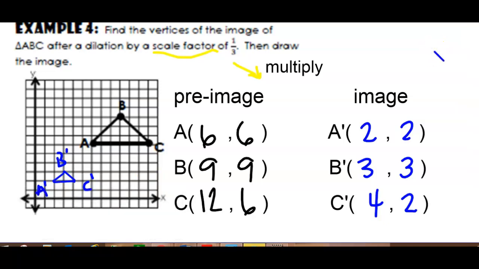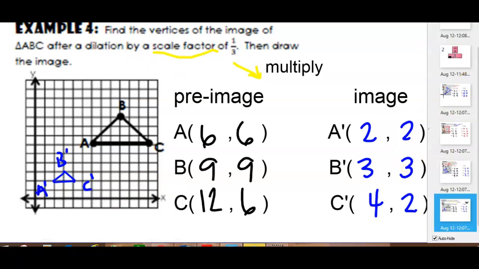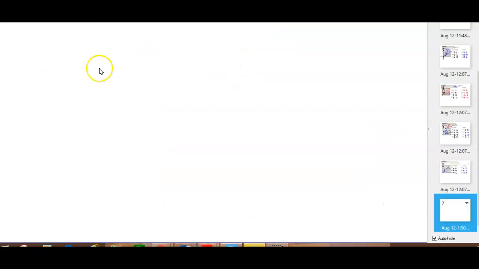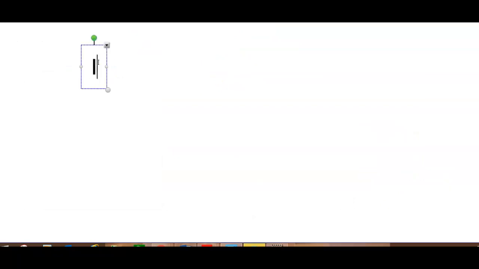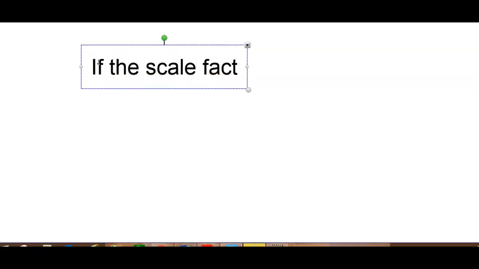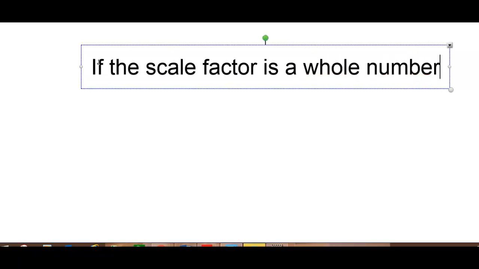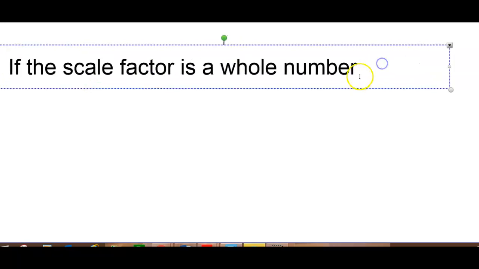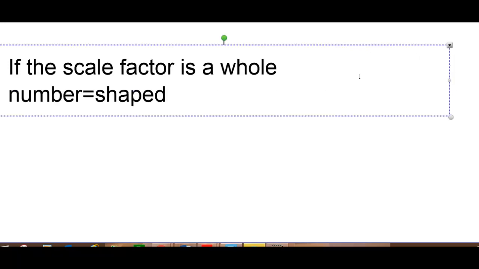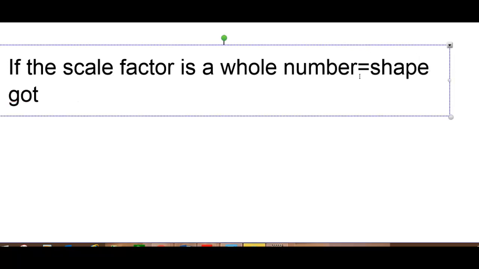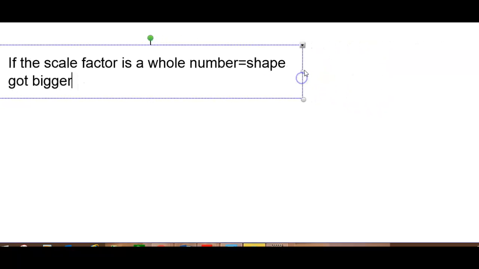And it may be helpful to go ahead and make yourself, let me add a page here, you guys, just to type out something that would help ourselves. So if the scale factor is a whole number, what happened if the scale factor was a whole number? Anybody remember? The shape got bigger. I'm going to shrink that down so it's all on the same line for you guys.